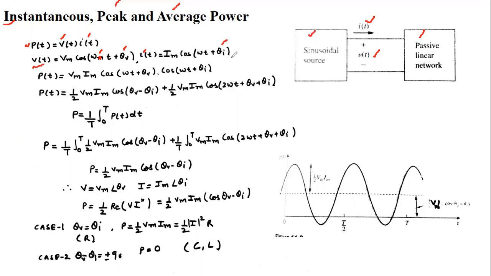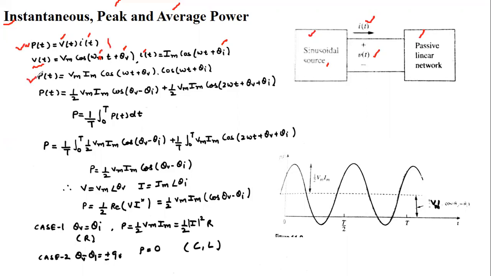Theta i is representing the initial phase of the current. Because we are assuming sinusoidal terms, now putting the values of v(t) and i(t) into this equation, suppose this is equation number 1.